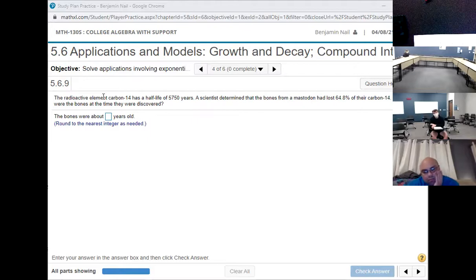Okay, that means every 5,750 years, the amount you're going to have is going to cut in half. Okay, we found a bone from a mastodon that has lost 64.8% of its carbon-14. So the question is, how old are the bones?